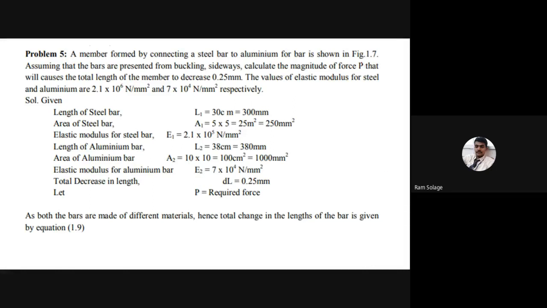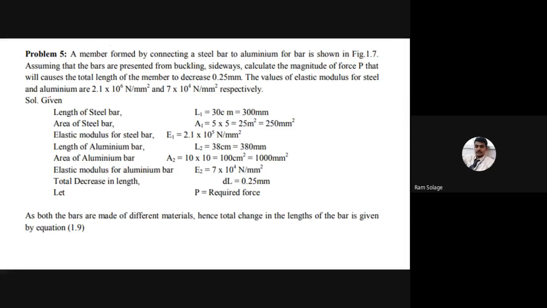We have to calculate the value of P. That will cause the total length of the member to decrease by 0.25. What is this 0.25? Change in length. Correct. They are giving delta L is equal to 0.25. The value of elastic modulus for steel and aluminum is also given.